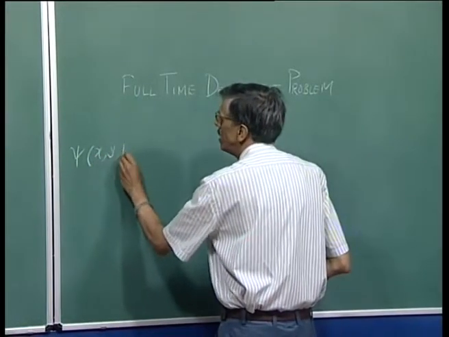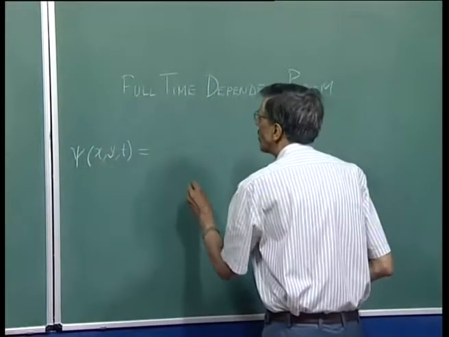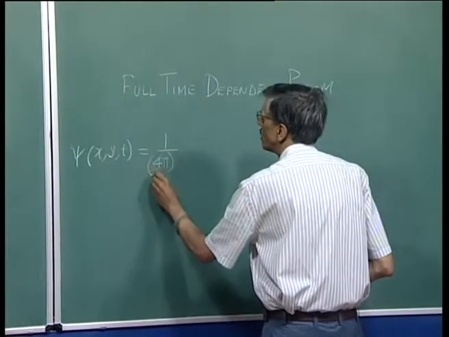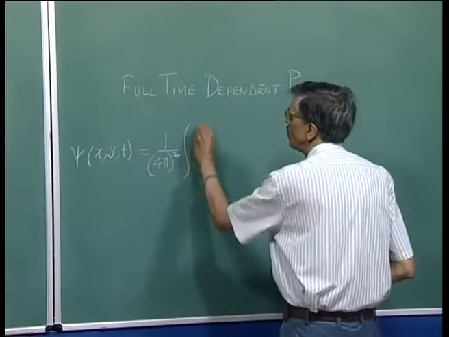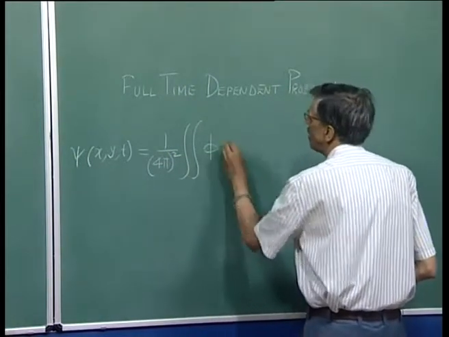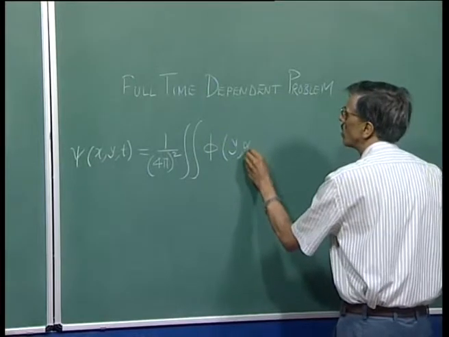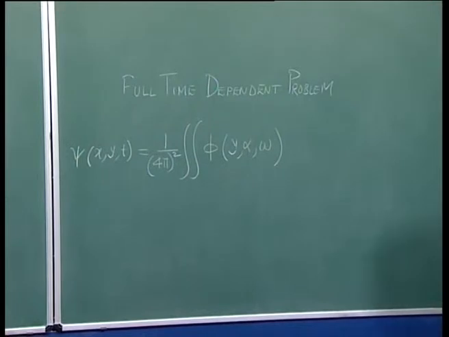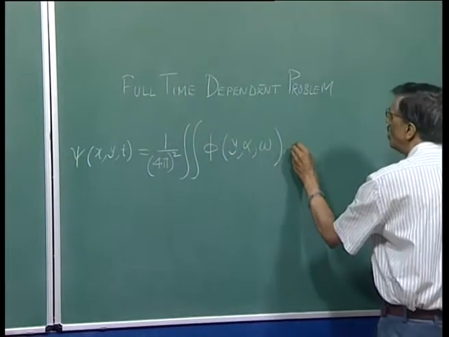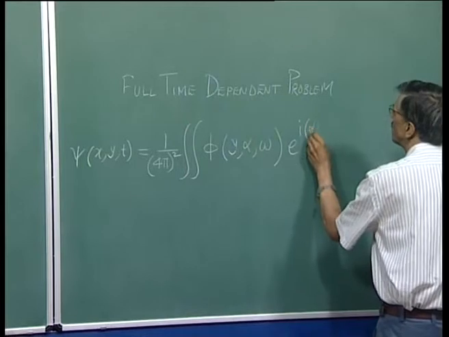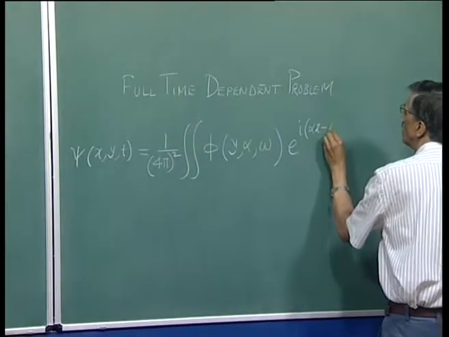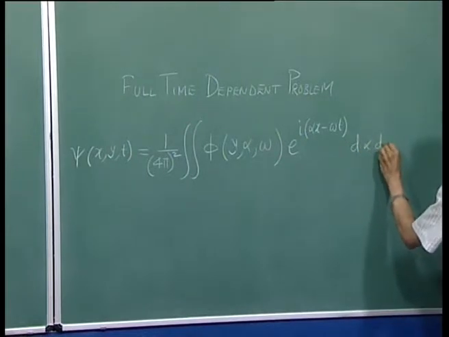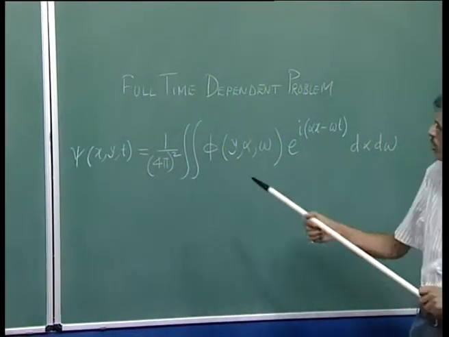So, here we are going to write in terms of the double Fourier transform, one for the space, one for the time, and you notice that phi is now a function of y, alpha and omega. We write the phase part like this, and perform the integral over d alpha and d omega. Why do we do this?